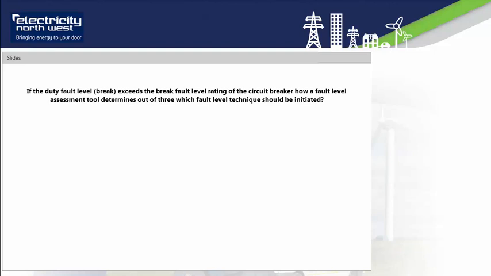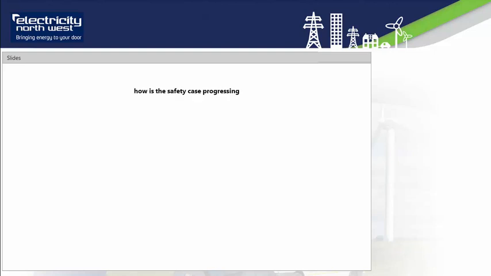Next question then is, how is the safety case progressing? Well, WSP, our partners, are undertaking the study for us. At this moment in time, we've just had the first workshop, which is just looking at the adaptive protection method. Following that, we'll do the IS limiter and also look at the fault current limiting service.